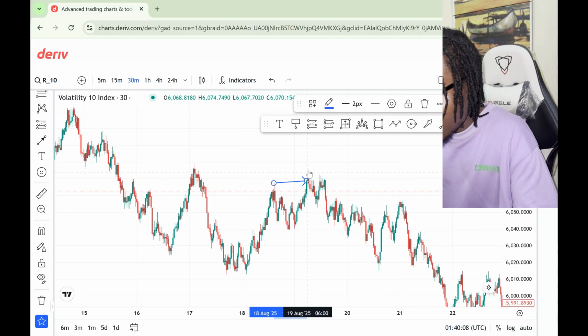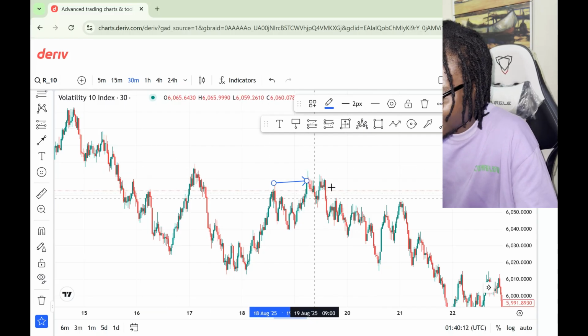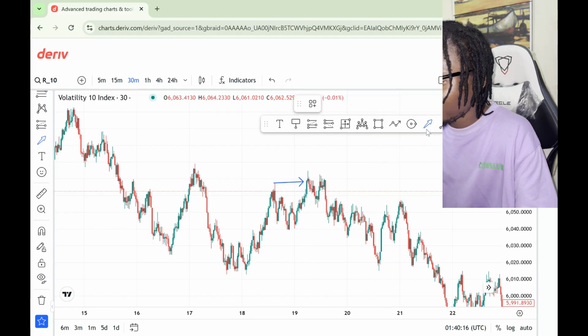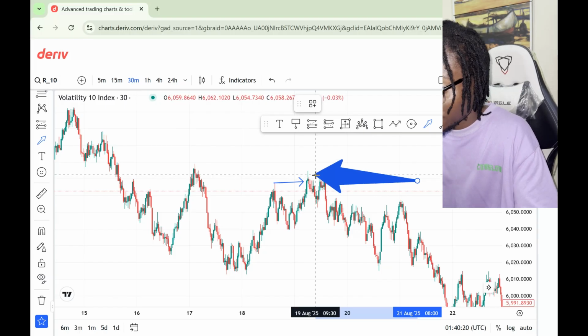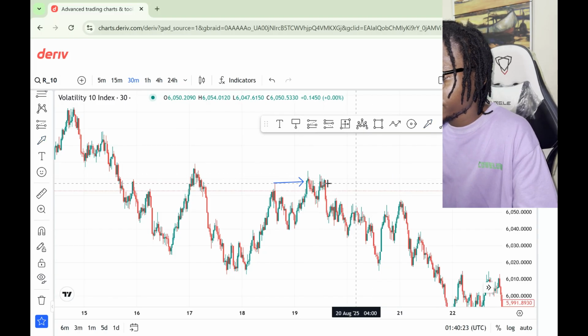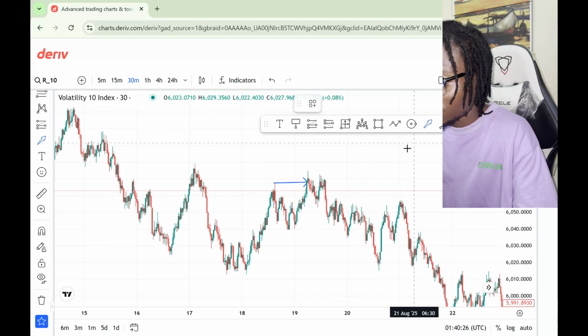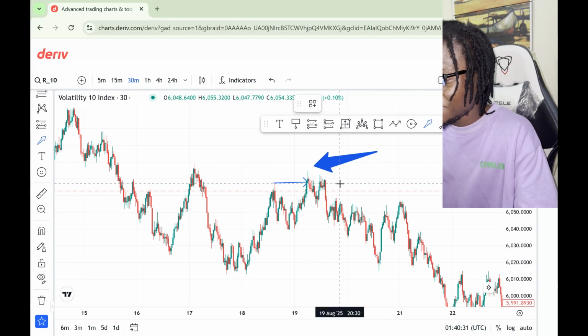It came inside, went to retest whatever it went to retest, then came back with a rejection candle. And if you guys remember, in our third video I talked about this, okay? With a rejection candle, this is called a liquidity sweep. So this is what we actually call liquidity sweep. So once price sweeps the liquidity, it reverses back.